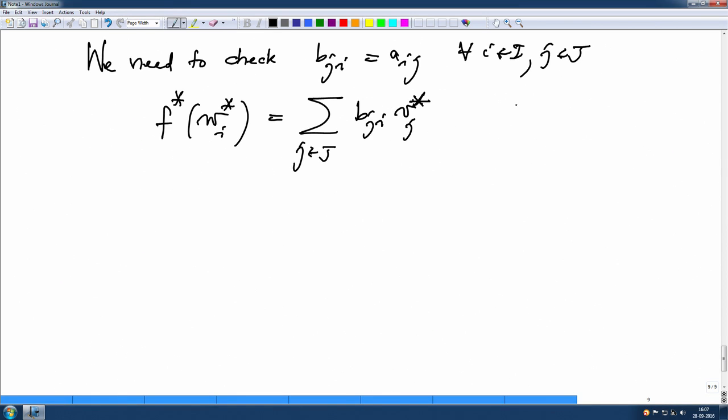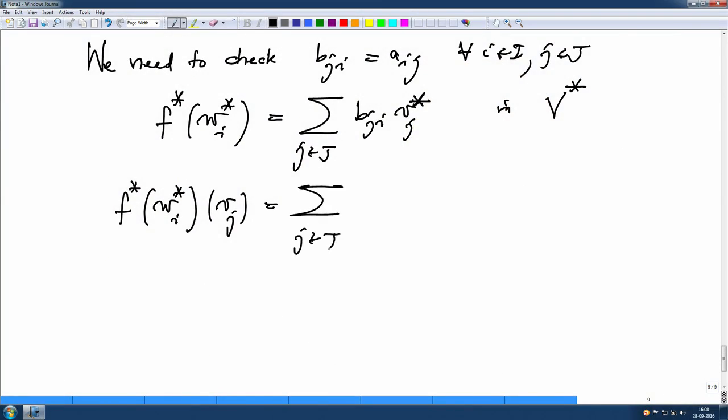Both are linear forms on V. This equation is in V star. So to check the equality, which means they are equal on every element of the basis of V, I evaluate this on Vj: F star of Wi star evaluated at Vj should equal the other side, sum over j in J of bji Vj star.